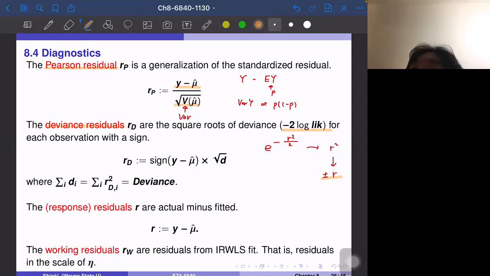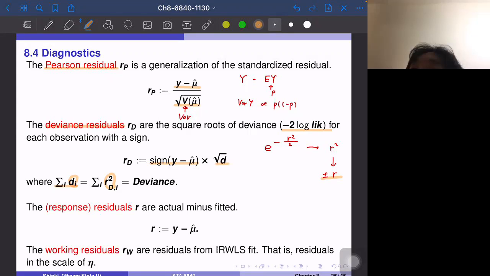To be exact, first we think about the deviance for the ith observation, d_i. Then we regard this as the square of something, so suppose r squared is equal to d. Then we think about the sign of y minus mu hat, whether the estimate is too large or too small compared to y.